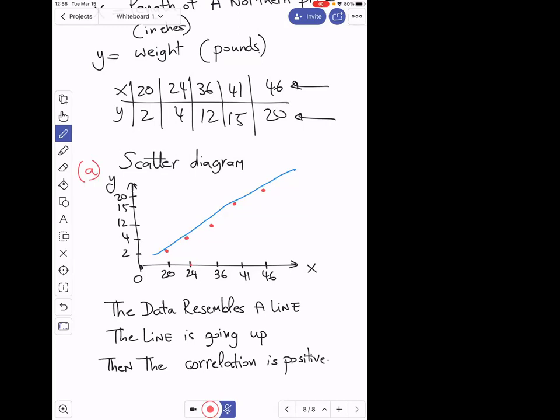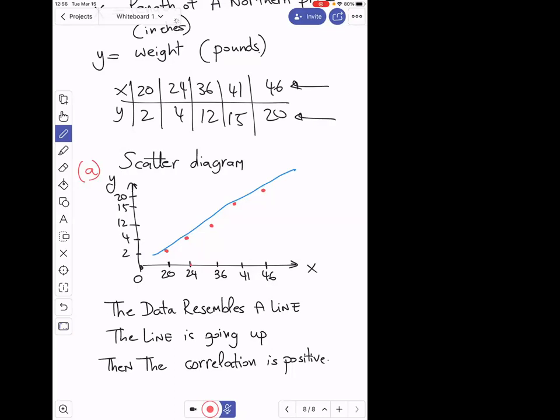Of course, if your line goes down, then your correlation is negative, right? All right. So I guess we can move to B.